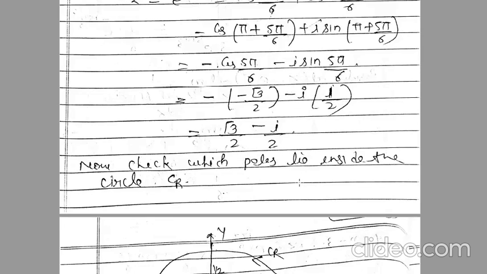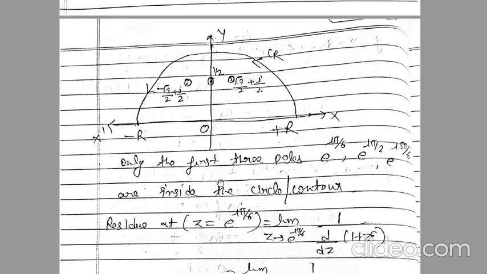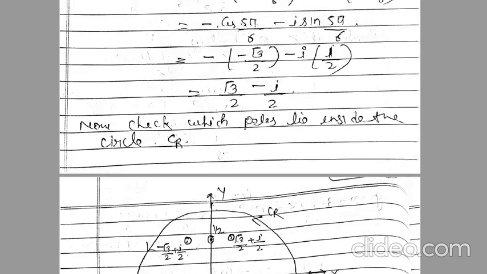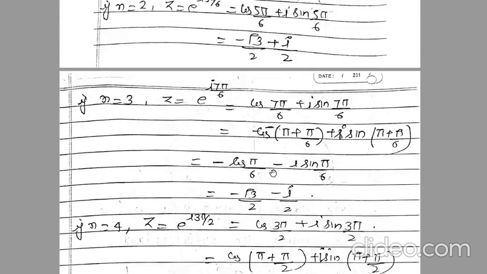Now you have all your poles. Next you will check which one is lying inside the circle. Okay. So let's check. We can see which ones are negative on the y-axis, that means the imaginary part. If the imaginary part is negative, that means that pole does not lie inside the circle. Here check.